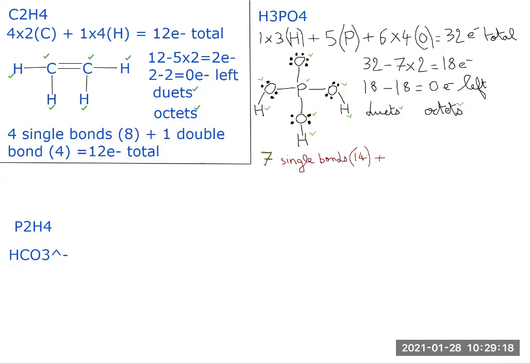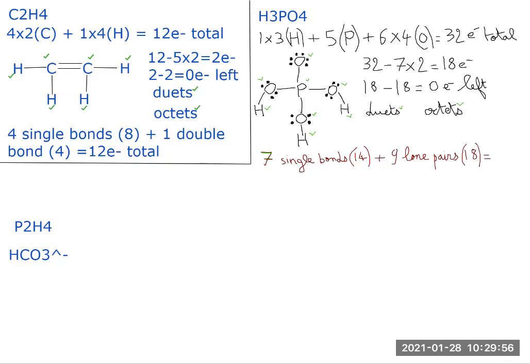Plus we have, I will count lone pairs. So 1, 2 on one oxygen, 3, 4 on another, 5, 6, 7, 8, 9. So we have 9 lone pairs. Lone pairs of electrons, because it's pairs, so it's times 2 electrons each. So that's 2 times 9, 18 electrons from the lone pairs.